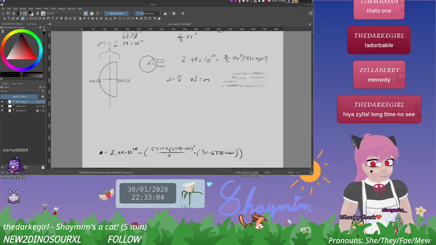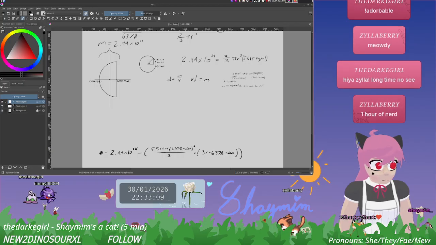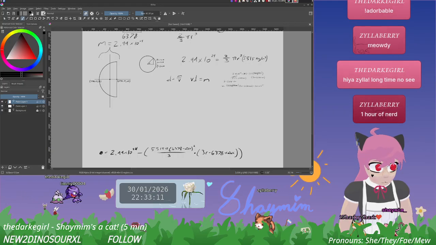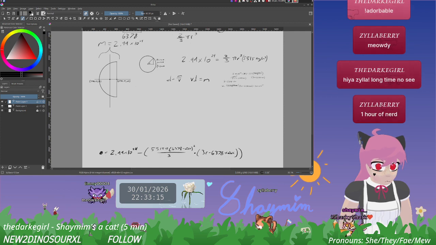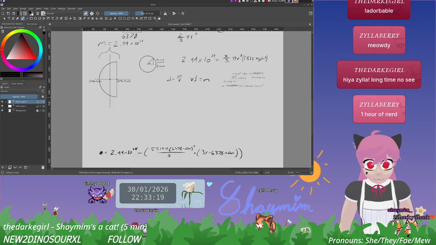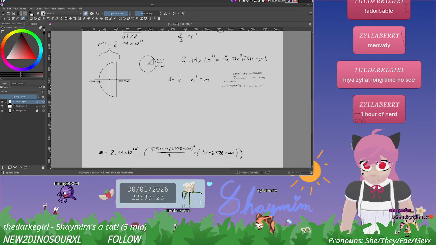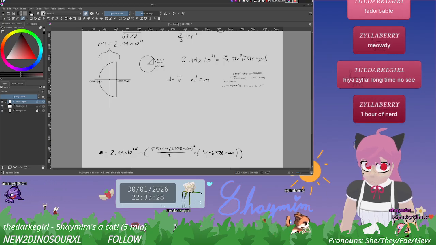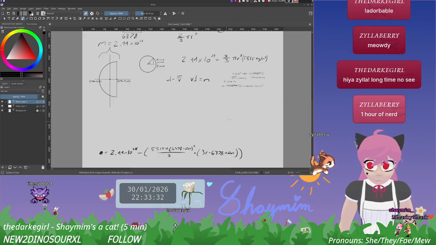Okay, that's a little tricky. So if we have the weight of a slice, not the weight, but we have the mass of a slice here.